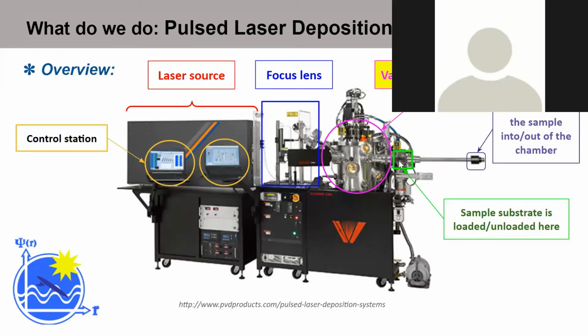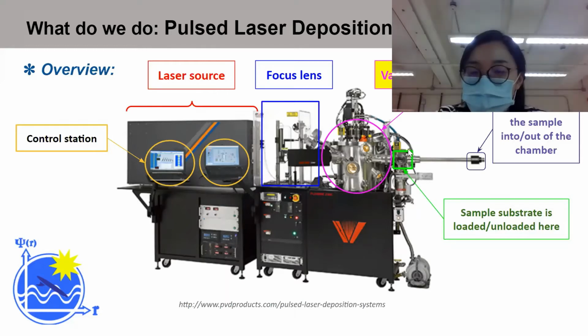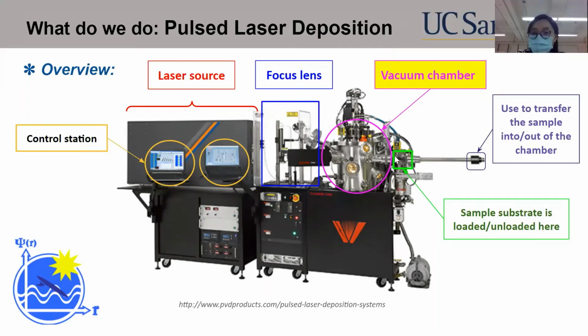This is where we put the sample in, between the vacuum chamber and this part. There's a gate in order to control the vacuum of the system. After we put the sample here, I'm going to use this black knob to push and take it in, and then put the sample inside the vacuum chamber.